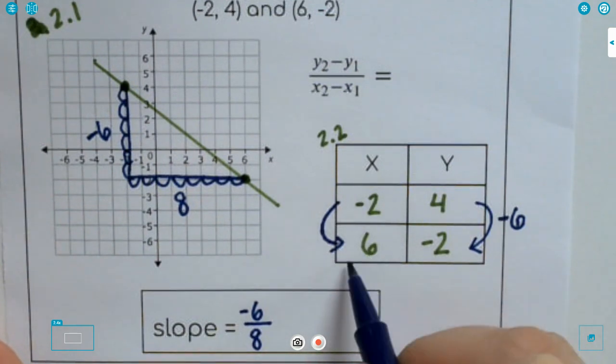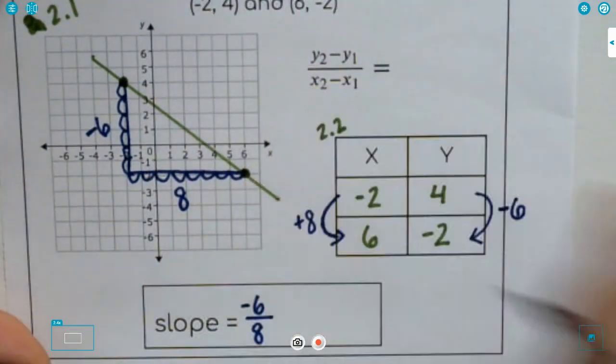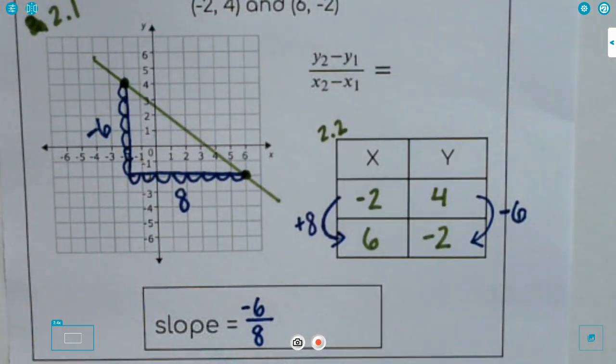So 2 plus 6 is 8. So we go up 8. So we got negative 6 over 8. Hey, look, crazy. That's negative 6 over 8.